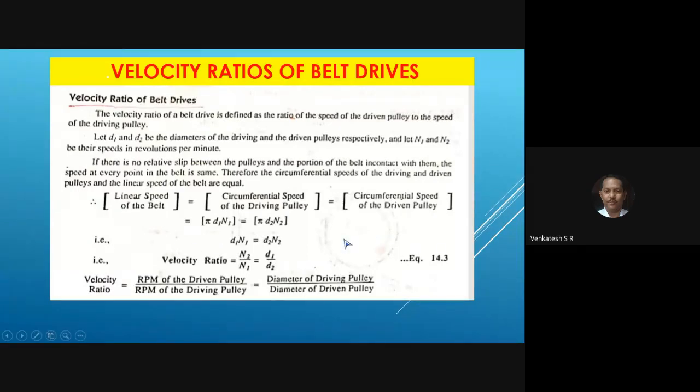Why is this derivation required? You will understand in the later classes. This is very much required for problems. Therefore, velocity ratio equal to N2 by N1 equal to D1 by D2. Keep this equation in the rectangular block.